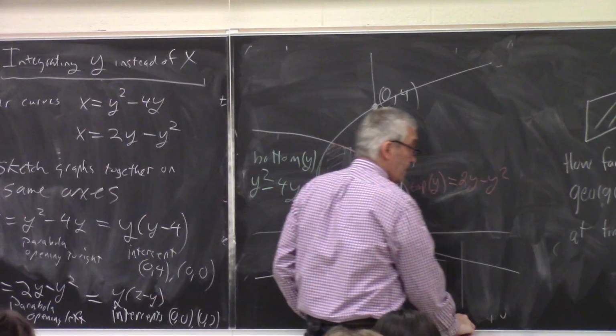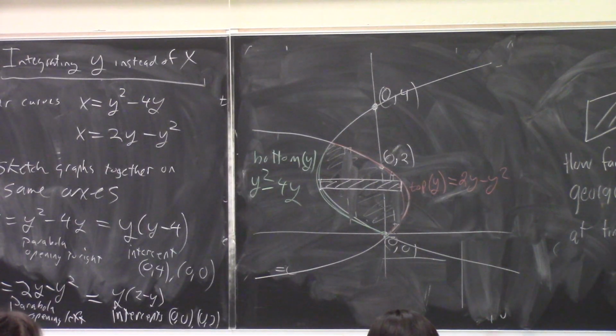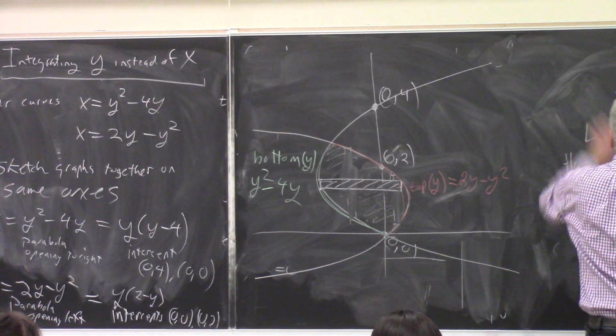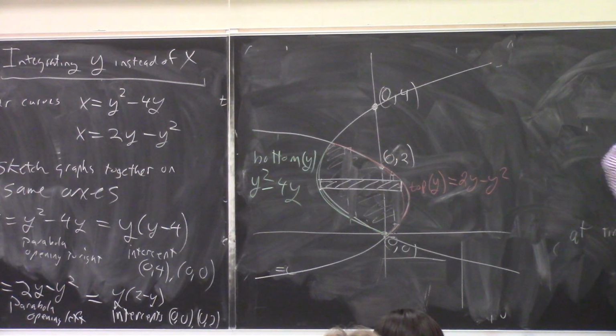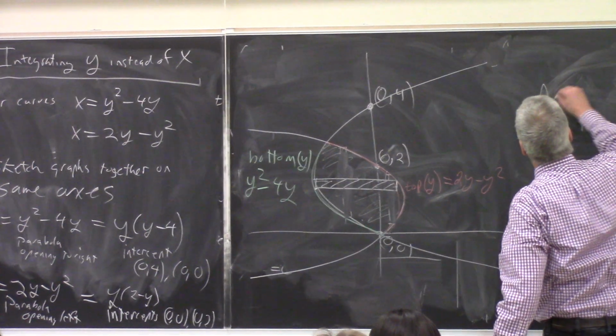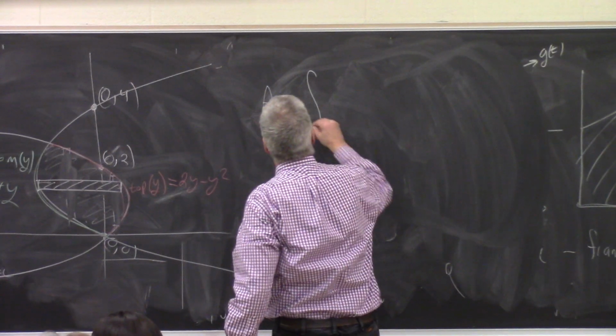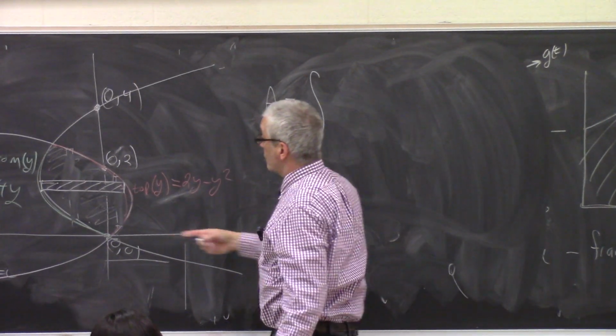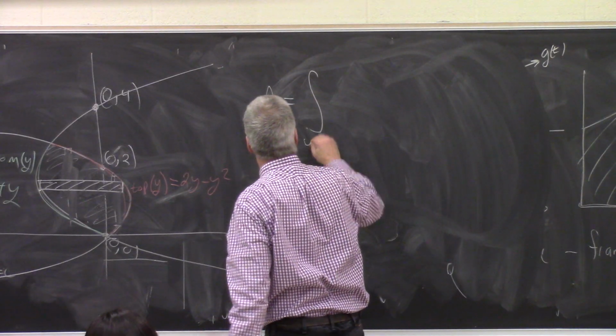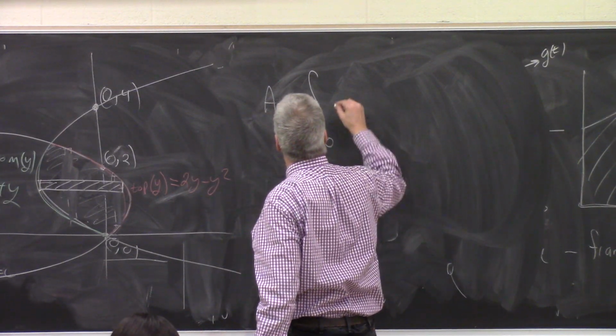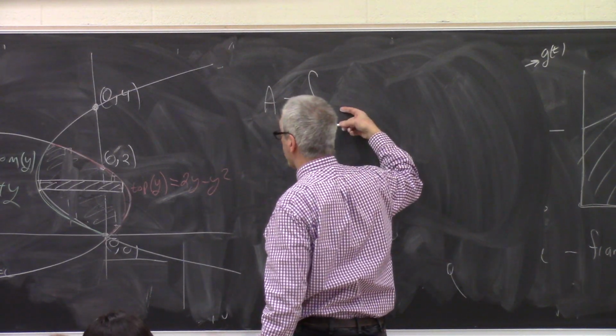So our area, we're going to integrate, imagine a stack of those rectangles on top of each other. So the area is going to be the integral from, well, starting down here at y equals 0. And so we're going to have top minus bottom.